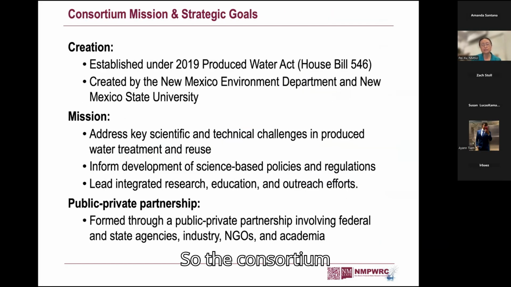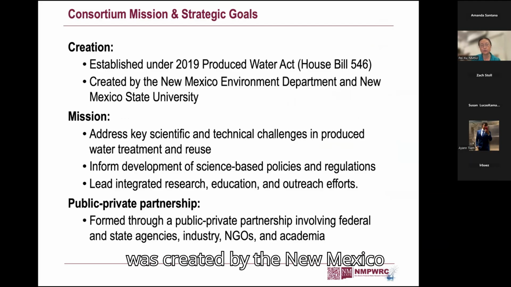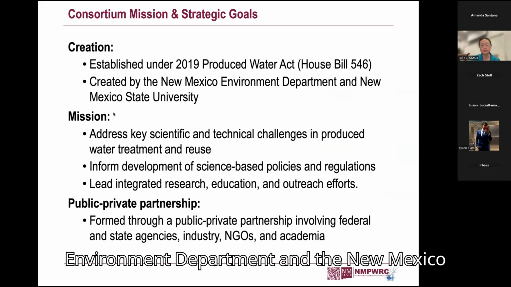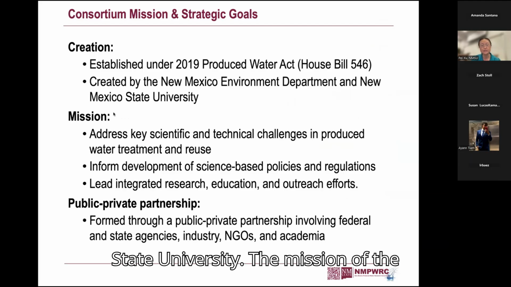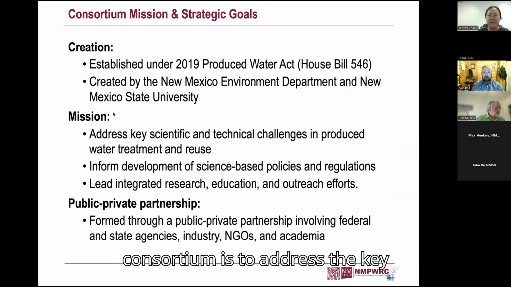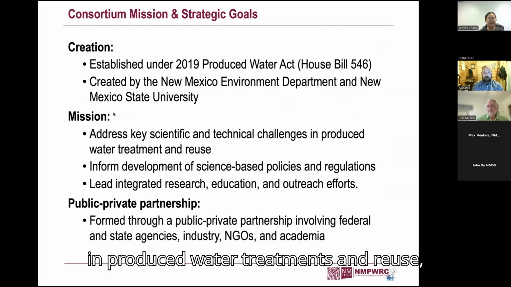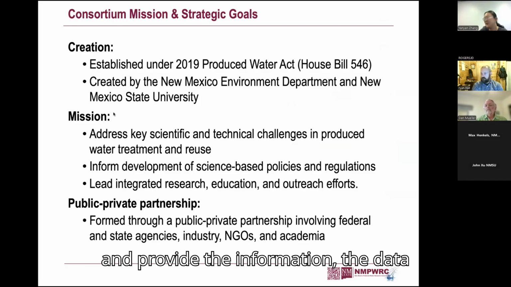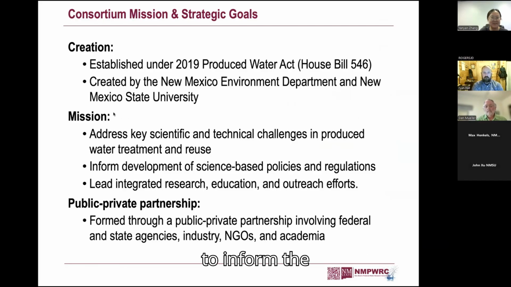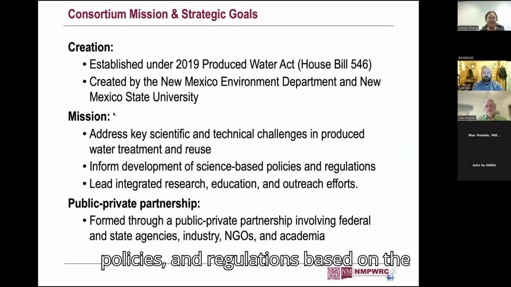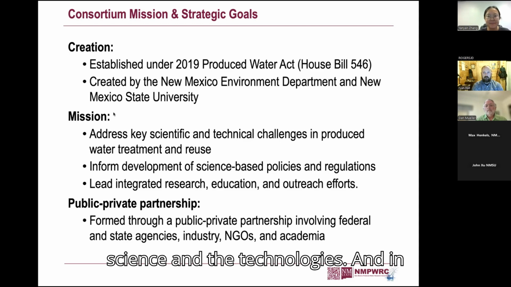So the consortium was established under the 2019 Produced Water Act. It was created by the New Mexico Environment Department and the New Mexico State University. The mission of the consortium is to address the key scientific and technical challenges in produced water treatment and reuse, and provide the information and data to inform the policies and regulations based on the science and the technologies.